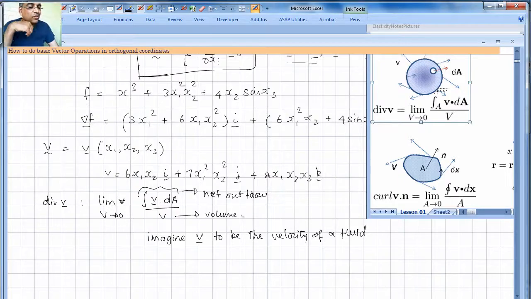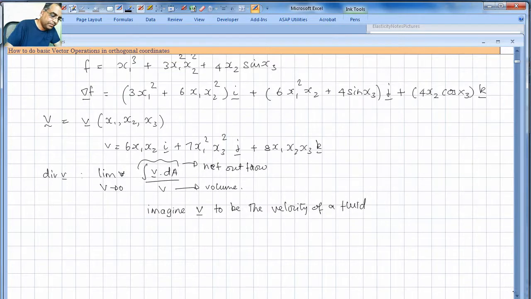So it's the net outflow per unit volume. That's what divergence means. Divergence of V equals net outflow per unit volume. That's the meaning. How do we compute it?